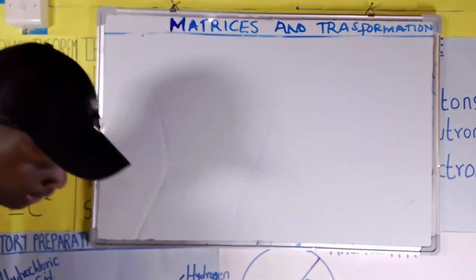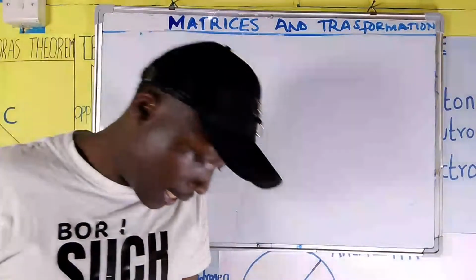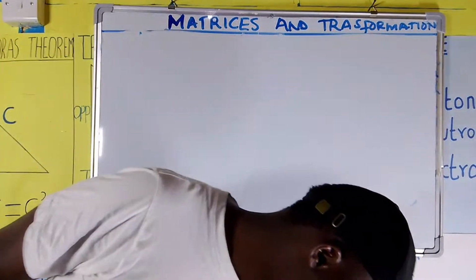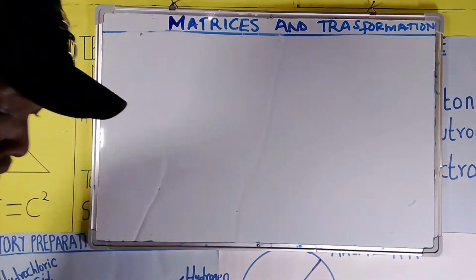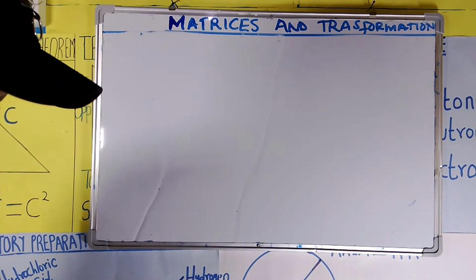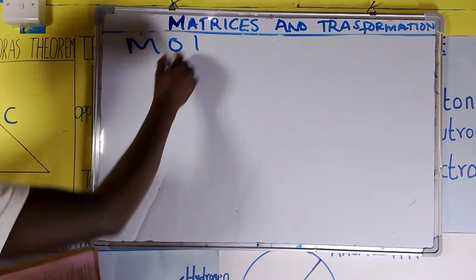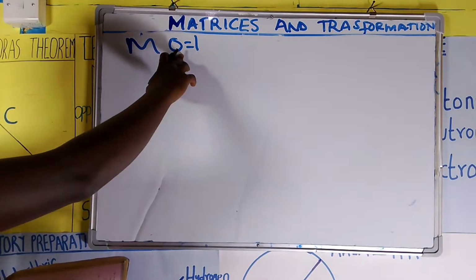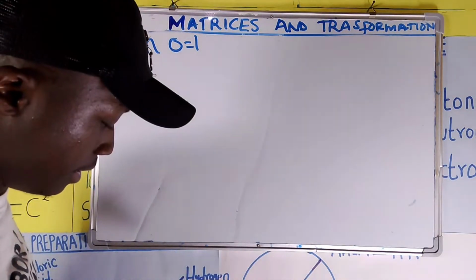As the question reads, on the grid provided, I believe you have a grid or a Cartesian plane. The vertices of a rectangle A, B, C, D are drawn, and we have been given the matrix of transformation. Remember we said matrix times object is equal to image.